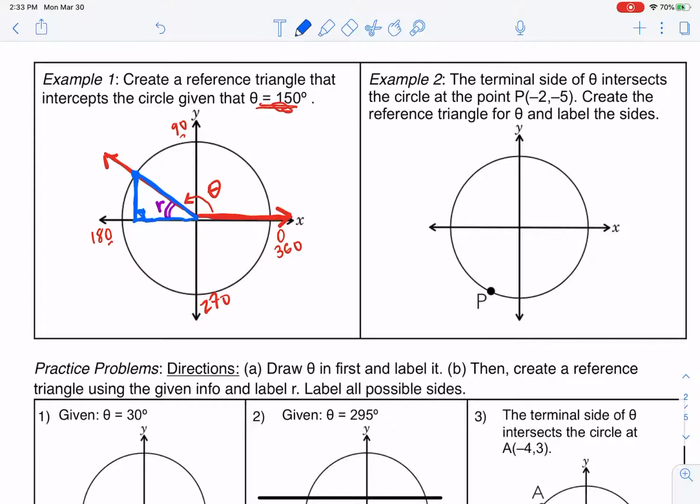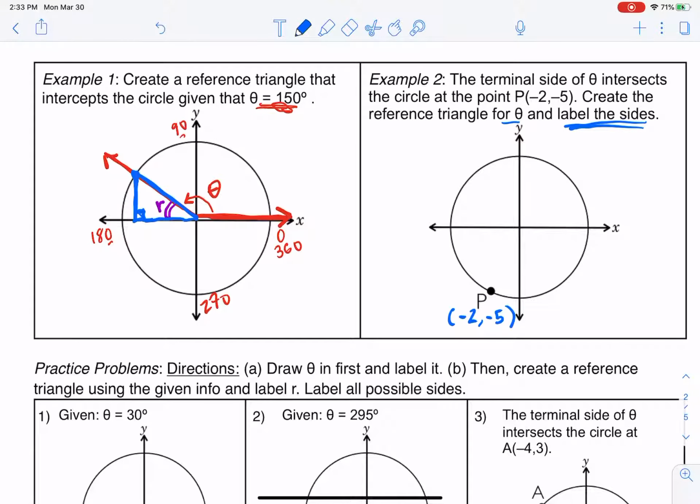Okay, let's look at example 2. In example 2, we're told that the terminal side of theta intersects the circle at the point (-2, -5). And we need to create the reference triangle for theta and label the sides. I'm first going to label my point here, (-2, -5).